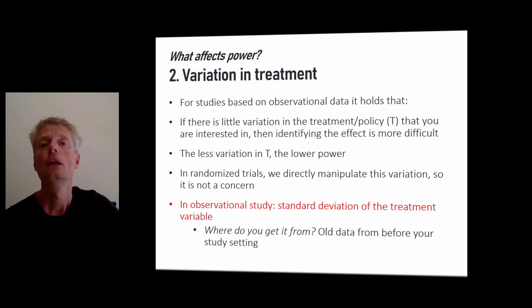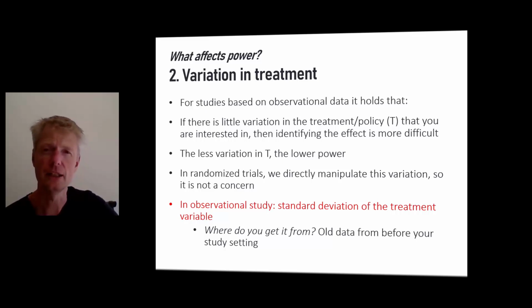Secondly, power is determined by how much variation in the treatment you have in your data. Now, in a field experiment, that is pretty much given, right? So the default is 50% get treated, 50% are in the control group. But in observational data, that may vary.